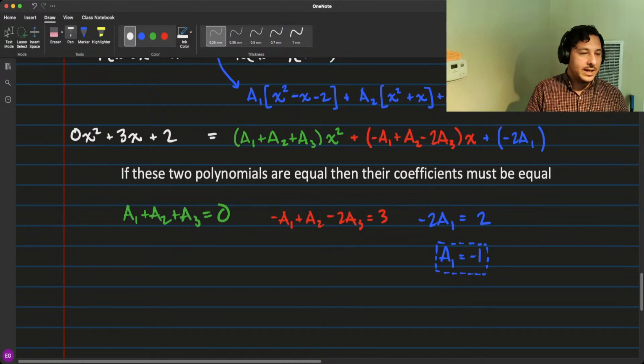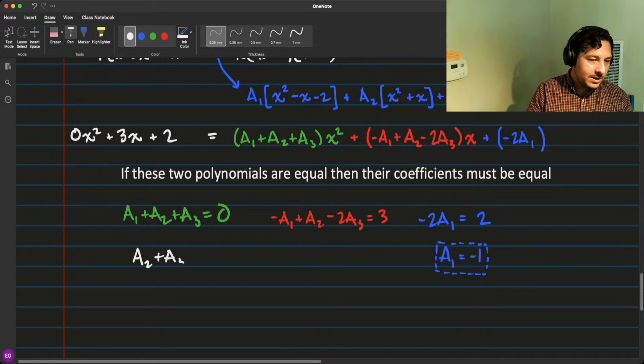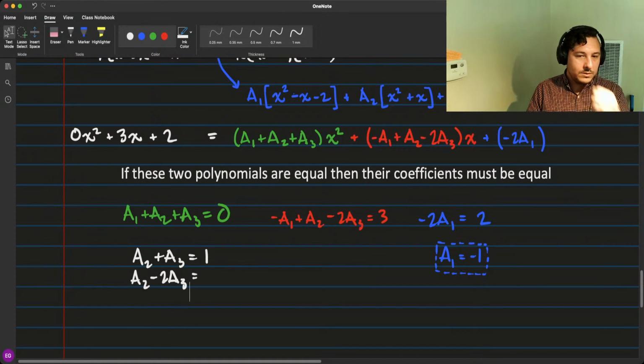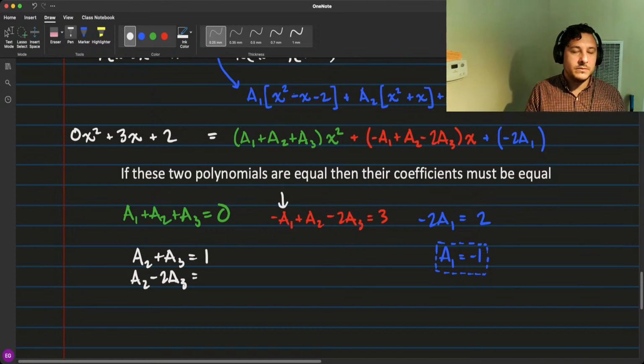If a1 equals negative 1, then a2 plus a3 will be equal to 1. And a2 minus 2a3 will be equal to... if you plug minus 1 into here, you'll get negative 1, which is positive 1 when you subtract, you'll get equal to 2.